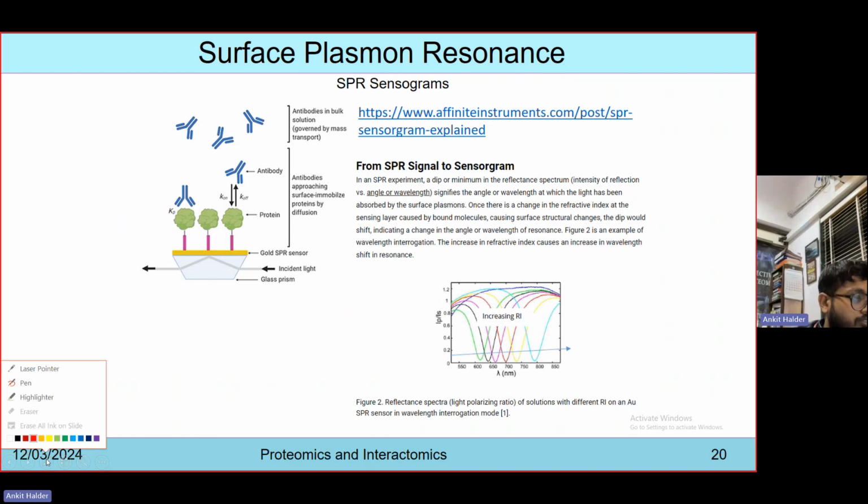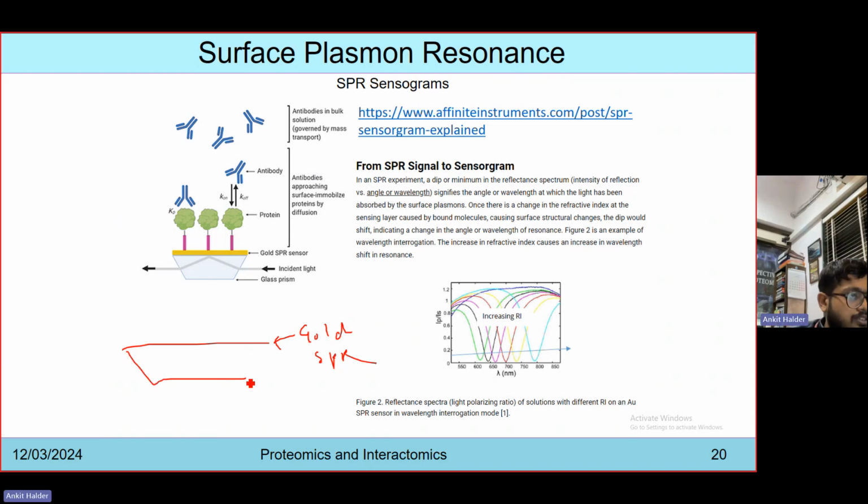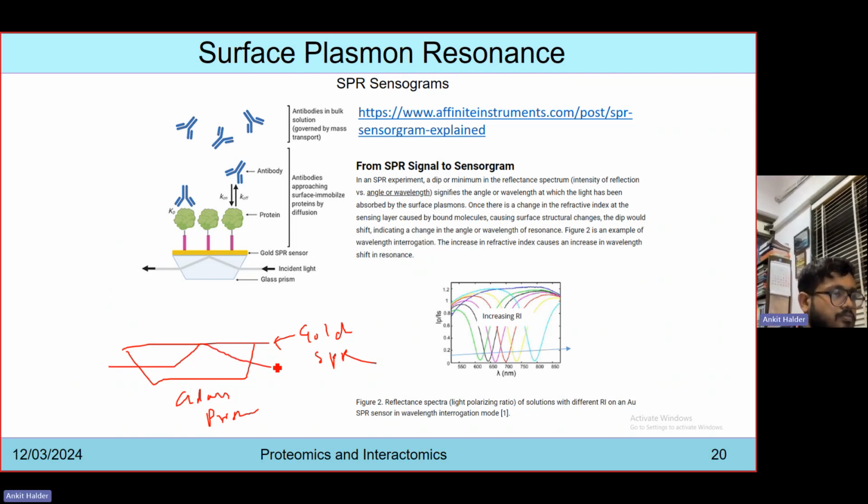As we have already discussed, this is the gold layer. Now you have the prism, and this is the light.